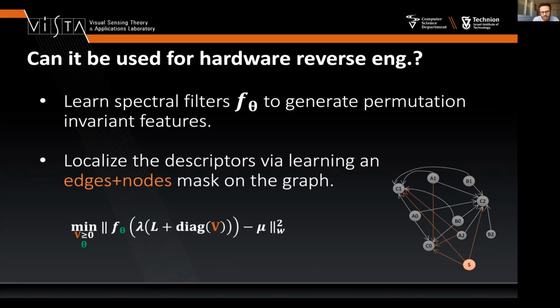Once I learn all these parameters together, I hopefully will get something much better than just using the plain spectrum of the adjacency matrix that was used in Fibrek et al.